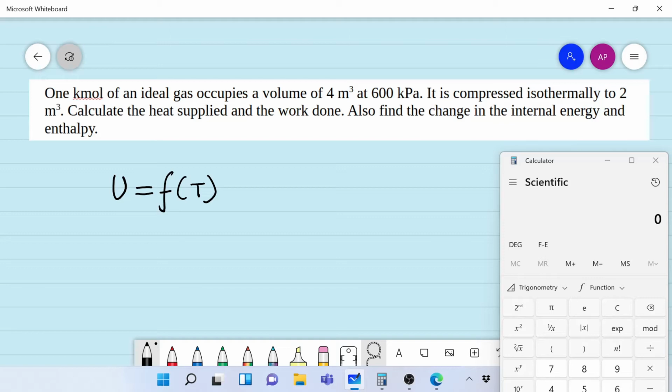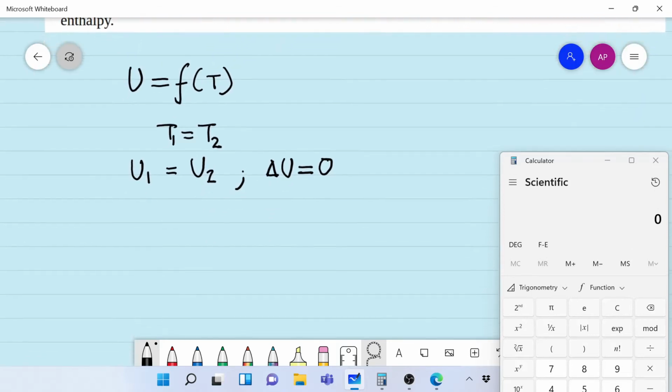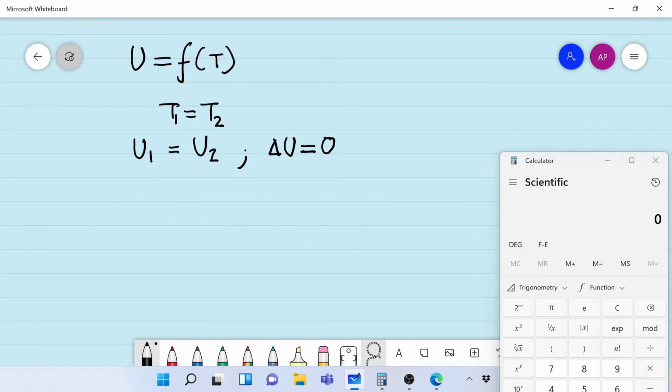Therefore, in any process, if the initial temperature is equal to the final temperature, then the initial internal energy is equal to the final internal energy. Therefore, the change in internal energy is equal to 0. So for an isothermal process, the change in internal energy will be 0.